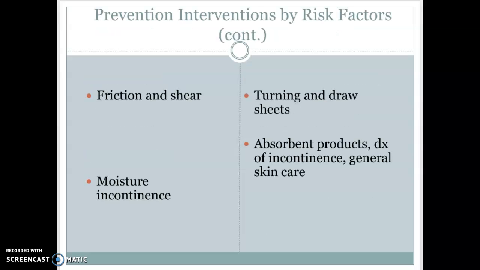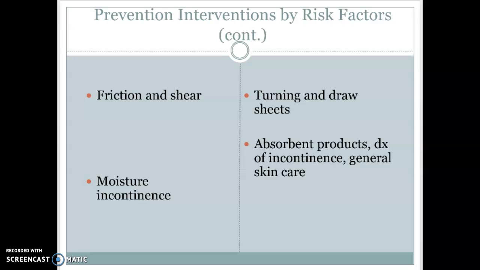Again, if there's friction and shear as a risk factor, for example, the patient's weak, and so when they're trying to scoot in bed or roll over in bed, they tend to drag themselves. We're going to assist them using a draw sheet and try to eliminate that friction and shear.